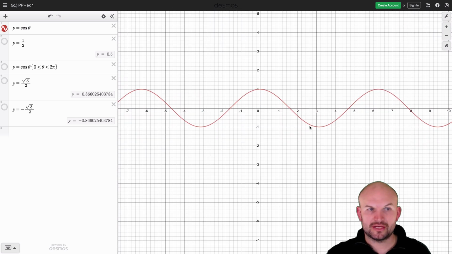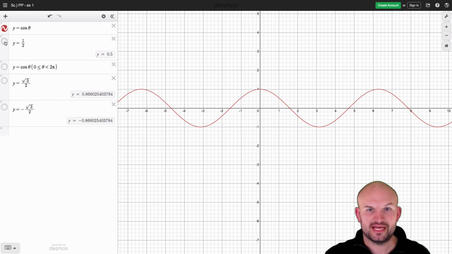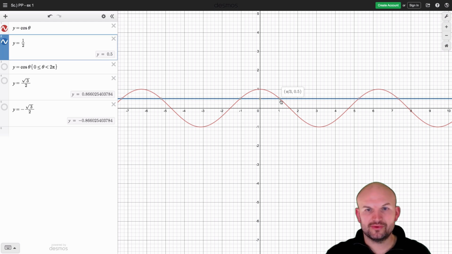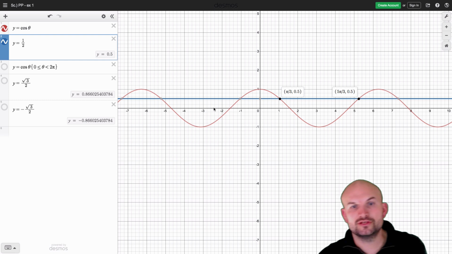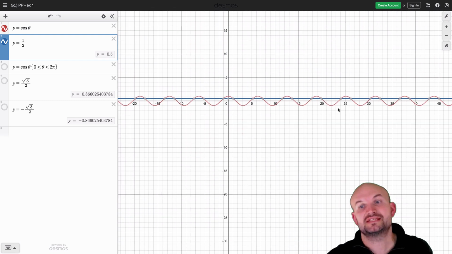So remember we talked about how the solutions to an equation are going to be the intersection points of cosine of theta and 1/2. So if you see here, we just said pi over 3, 5 pi over 3. And if I restrict this between 0 and 2 pi, which is basically the unit circle, you can see though, before we even do that, there are actually infinitely many solutions here.